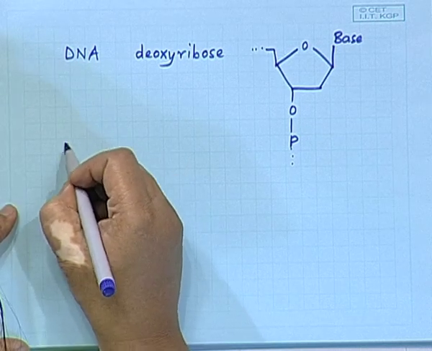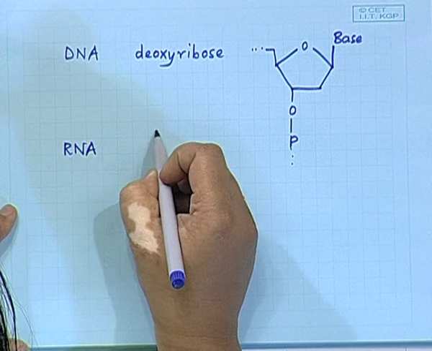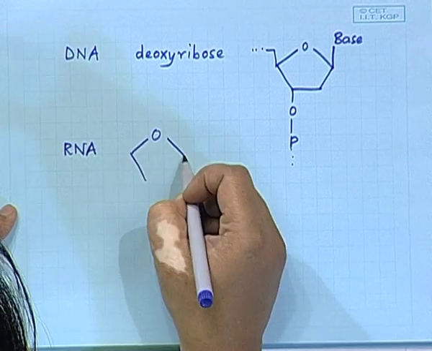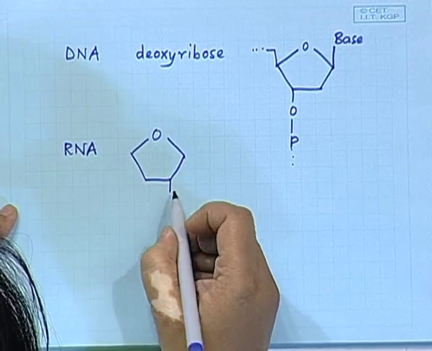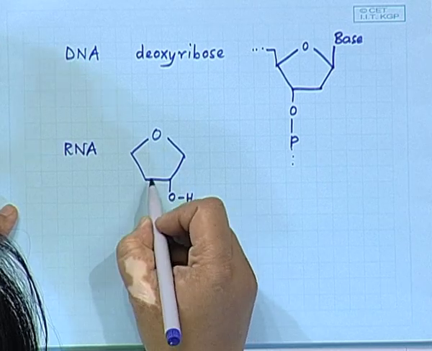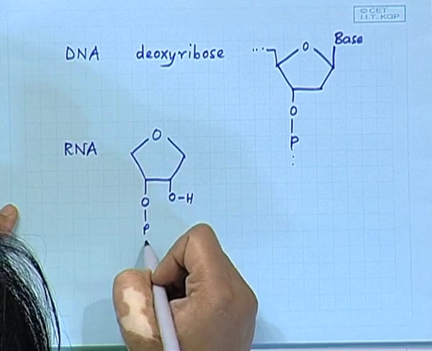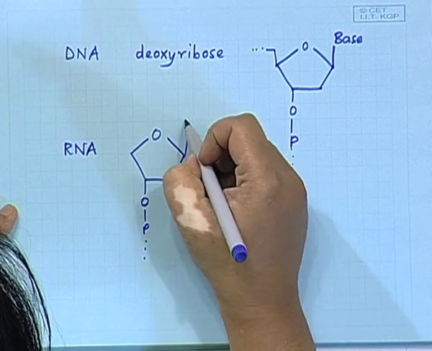What did I have for RNA? I had this, OP, rest of the chain and the base.